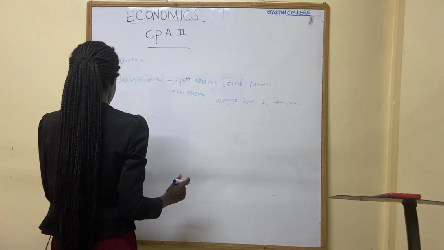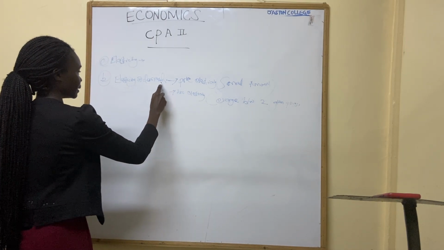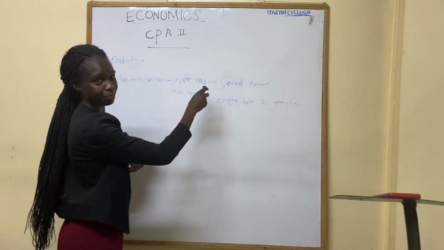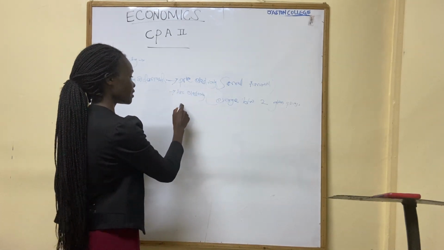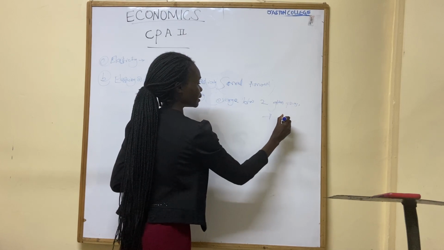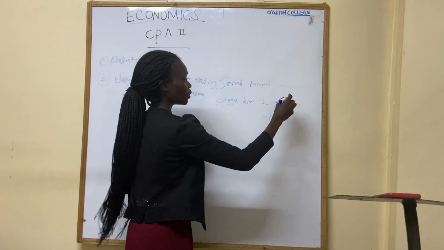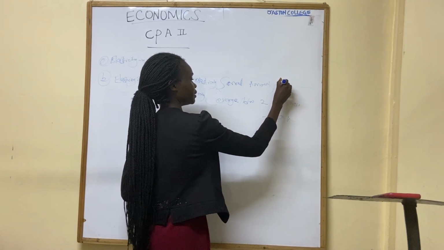This one is measured at a particular point, and this one is between two points. Maybe this point.